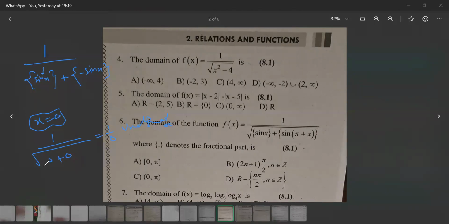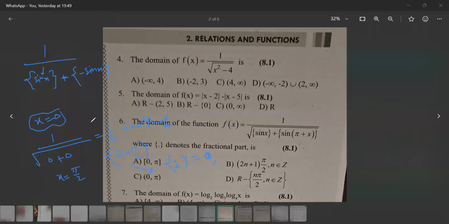Suppose if we put here x equals to pi by 2. What is the value of sin pi by 2? sin pi by 2 is 1. So what is the fractional part of 1? This is also 0. So for x equals to pi by 2, this is not acceptable, right?